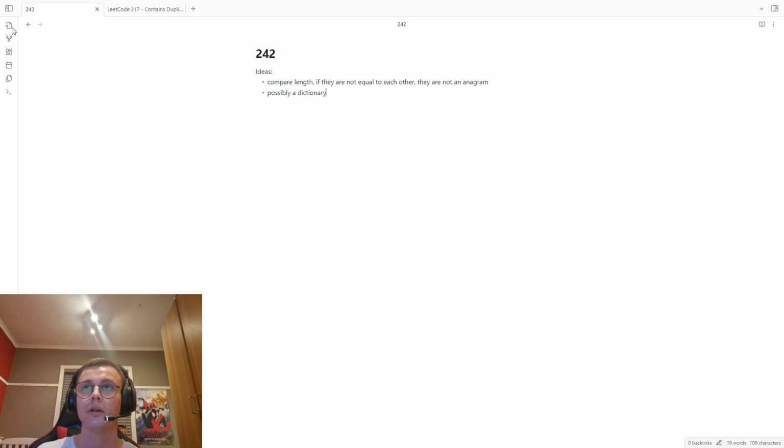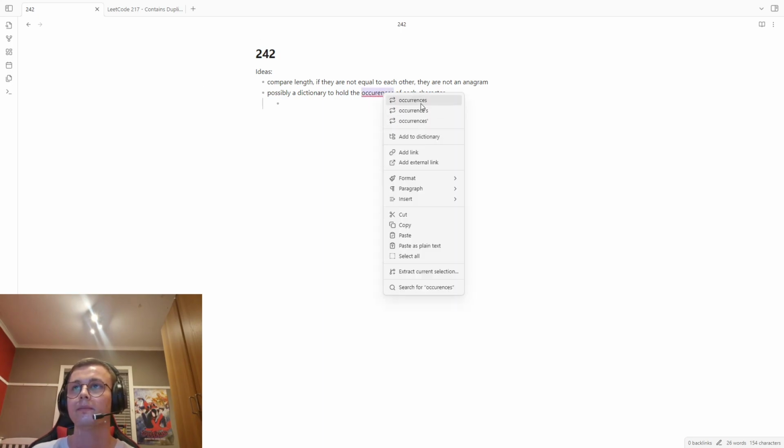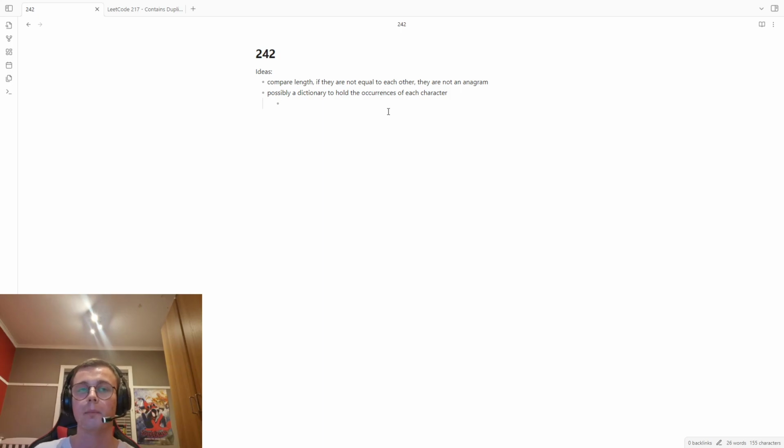Possibly a dictionary to hold the occurrences of each character. And then you'd have to have some sort of way to compare the dictionaries. Something like that seems a bit complicated.